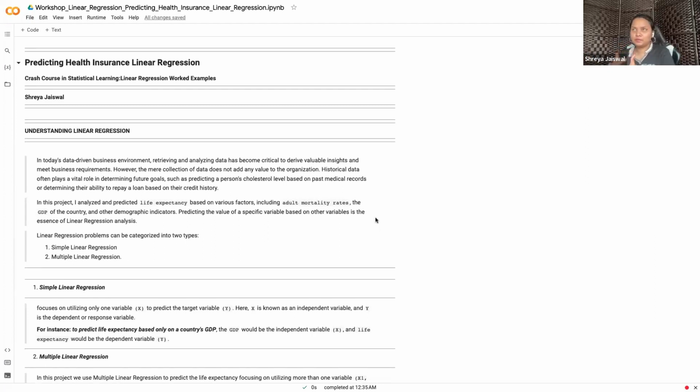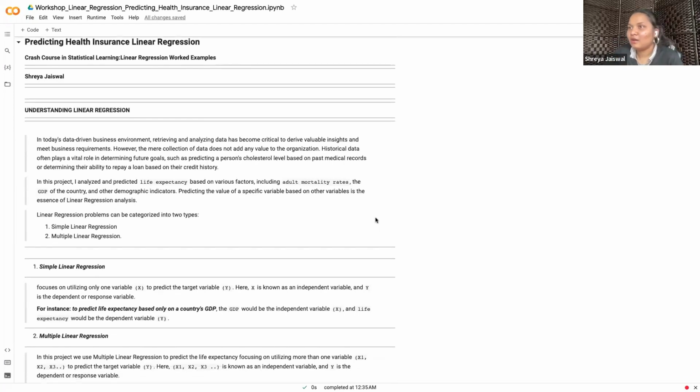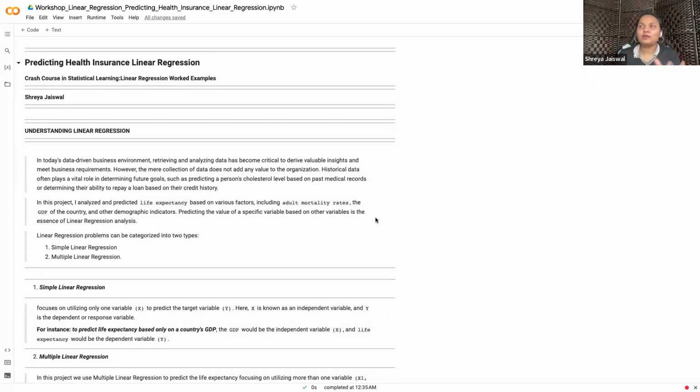I usually prefer to write it along with text because what I feel is when we are learning something, it's good that we also make note of what we are learning at that point, so that when we have to go back to that same thing, right?